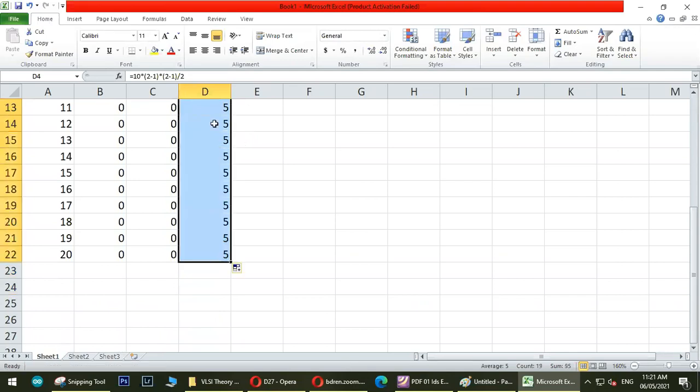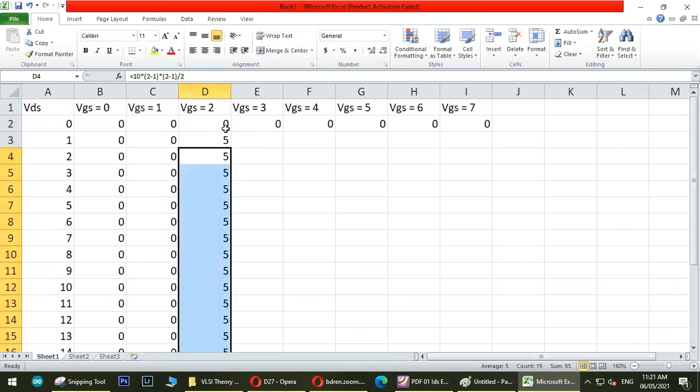See, your current is not increasing, right? It is fixed because it is in saturation.